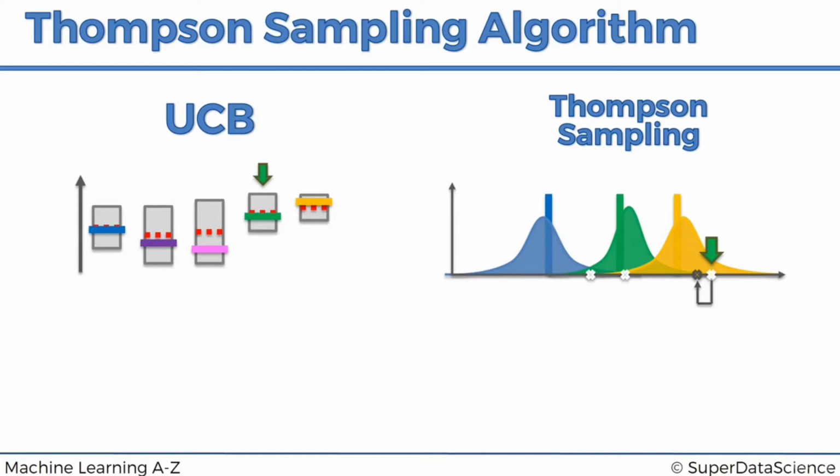So the first characteristic that is different is that the UCB is a deterministic algorithm, and actually there's lots of different modifications to the UCB algorithm. You can find them online.